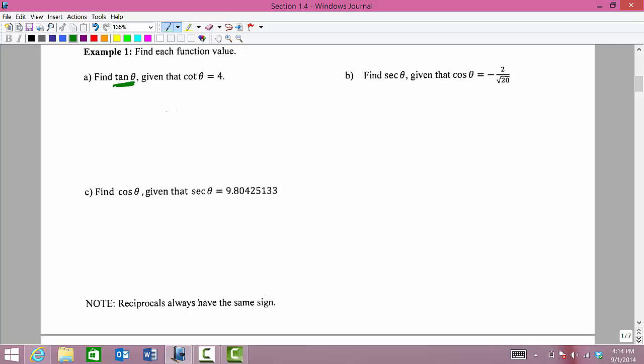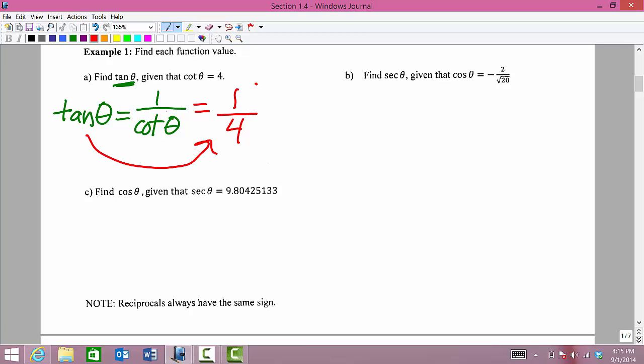And if cotangent is equal to 4, and cotangent and tangent are reciprocals of each other, then we are going to work with the reciprocal identity. Tangent of theta is equal to 1 over cotangent theta using our reciprocal identities, and cotangent theta is equal to 4. So that tells me that tangent theta is equal to 1/4.